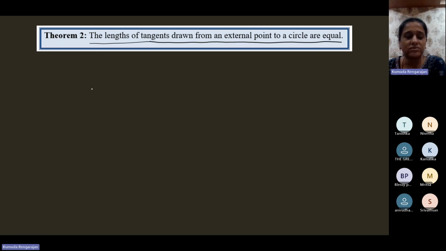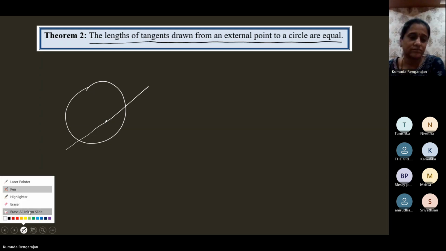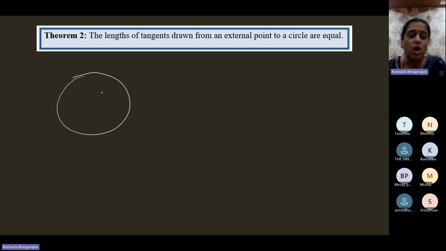Now, before we understand this, when you're given a point inside the circle, you cannot draw any tangent to the circle through it.